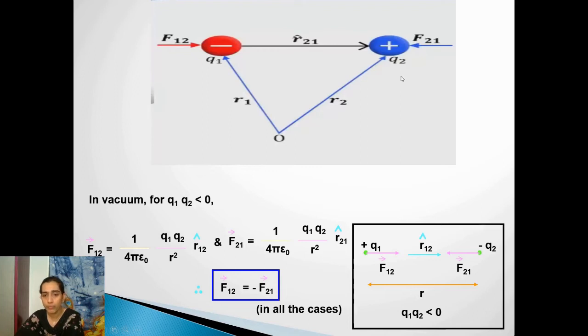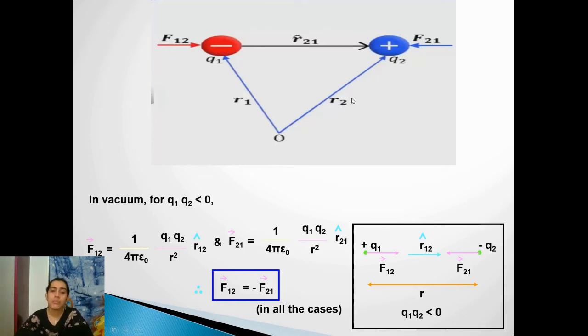But the product of the magnitudes of these two charges will obviously be less than 0, since one is negative and one is positive. Then we can also say that the nature of force between these two charges will be the force of attraction.